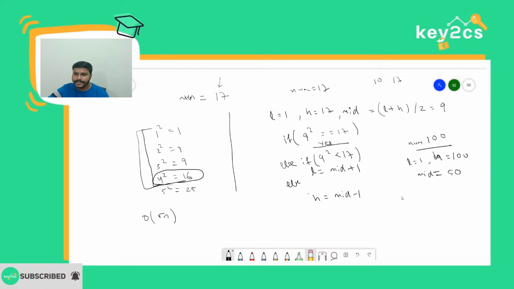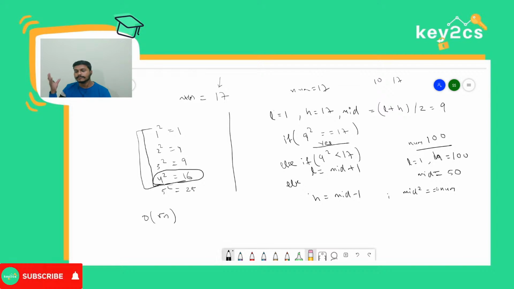So you check whether mid square is equal to the number. No, 50 square is much greater than 100, so we would not stop here.